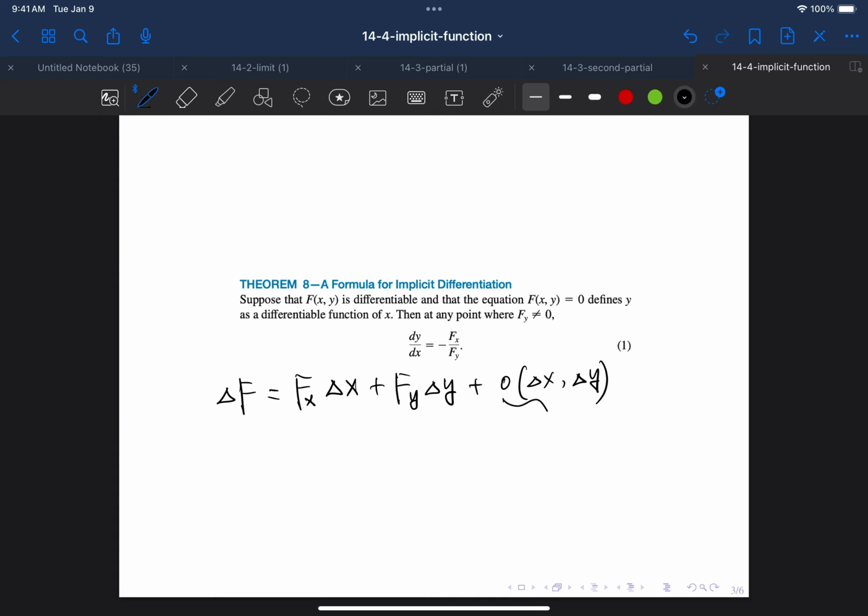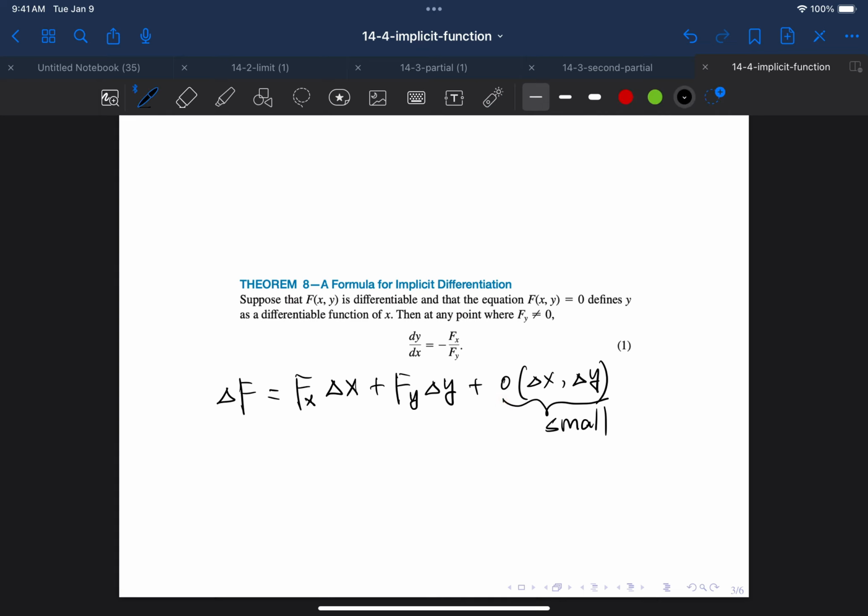And this O notation means very small. By small, we mean it is getting to 0 or ignorable when delta x and delta y go to 0. And when I put it into limit behavior, in other words, when delta x, delta y go to 0, the whole thing can become 0.